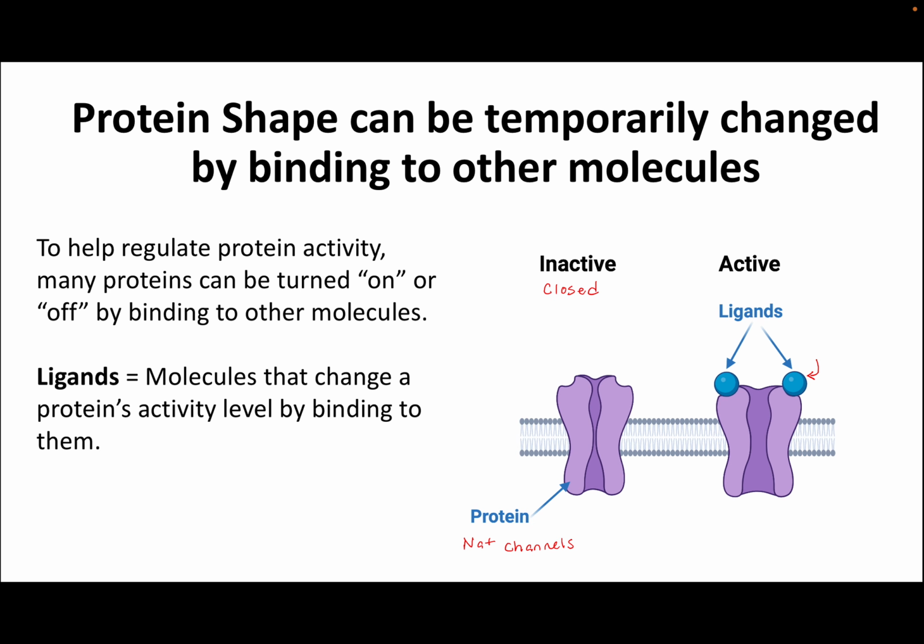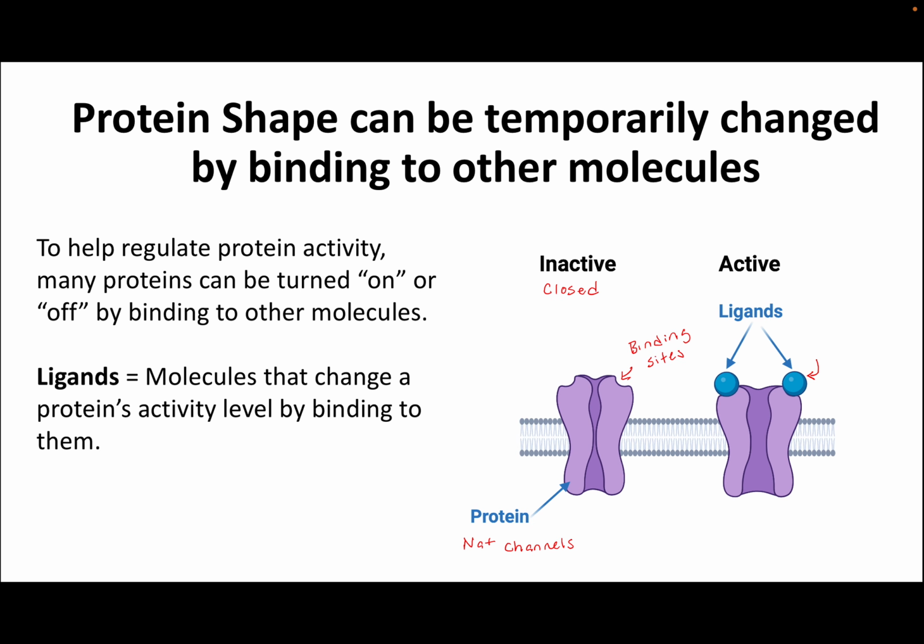Okay, so this is just one example, but very generally speaking, we have proteins, and a lot of times we will have ligands, which are certain kinds of molecules or ions that bind to specific spots on those proteins. We call these binding sites. And when the ligands bind, it changes the activity level of the proteins.